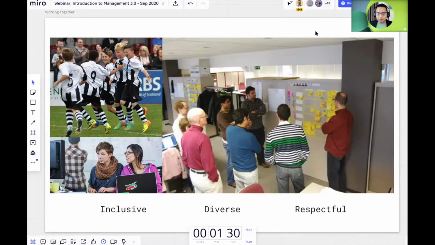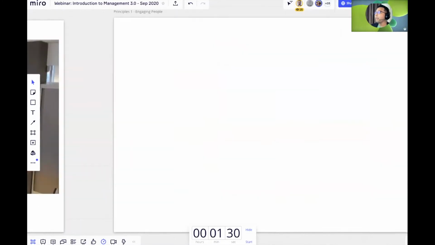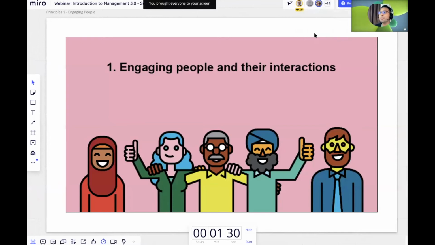So it is a way to think about how we can make work inclusive, using all the diverse experience and skill sets, and also providing an environment where it is respectful, where everyone appreciates each other's ideas, even though they might not be the same as ours. So it is about how we create this environment, and that's what the first principle means.